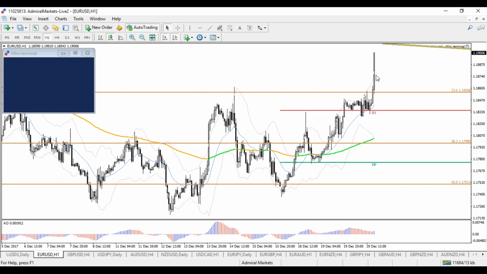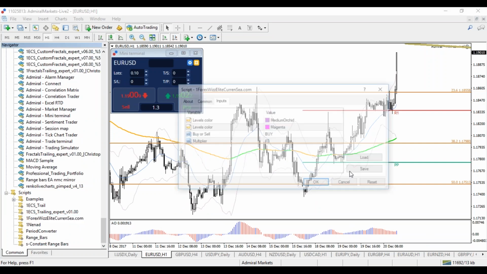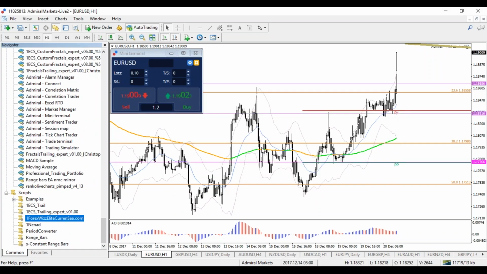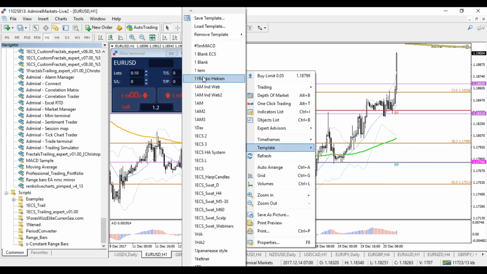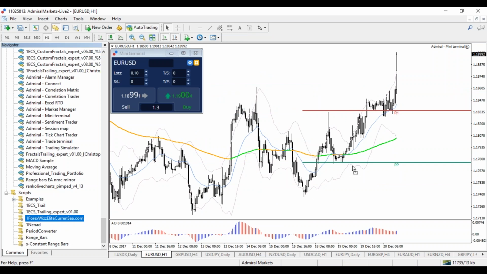Once we see a breakout like this, we can always use the Wiz tool, which is a script I developed, or the idea is mine, but someone else developed the actual code of the script. I'm not a programmer, but it is nothing that fancy. It is based on Fibonacci sequence levels, but this script does that automatically.